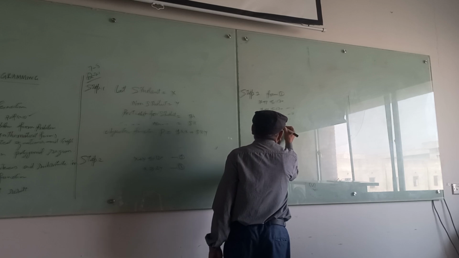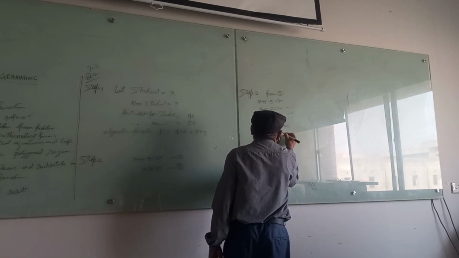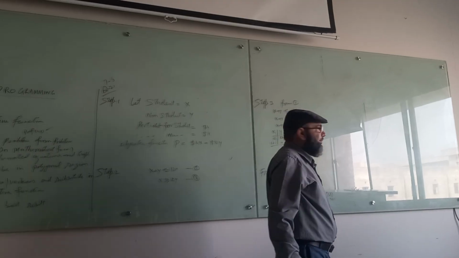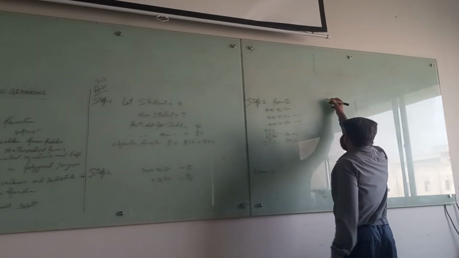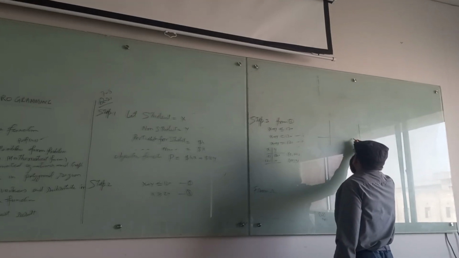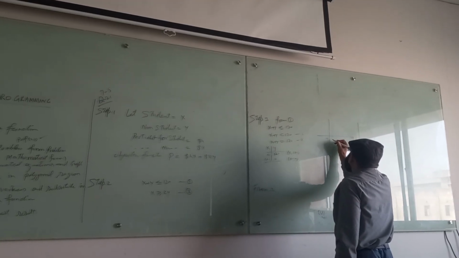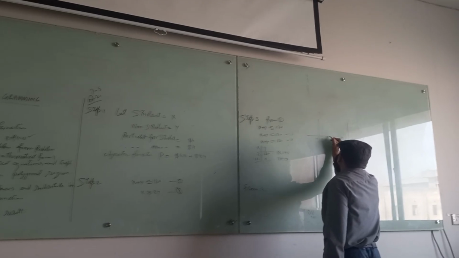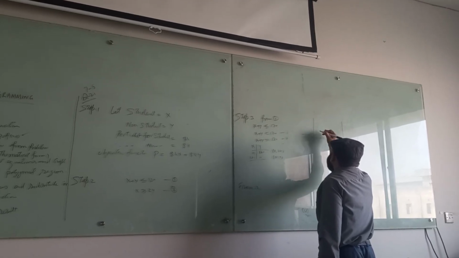These are 2 points, 0, 120 and 120, 0. Sketch first. Again 0, say 50, 100, 150.